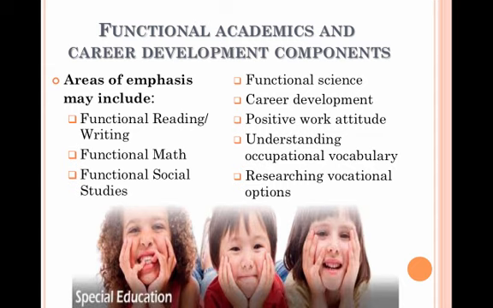Functional academics, including career development components, these are things that may be included in that: functional reading and math, functional social studies, functional science. These may be areas you've never thought of as having a functional component. And then things that have to do with work readiness and career development.